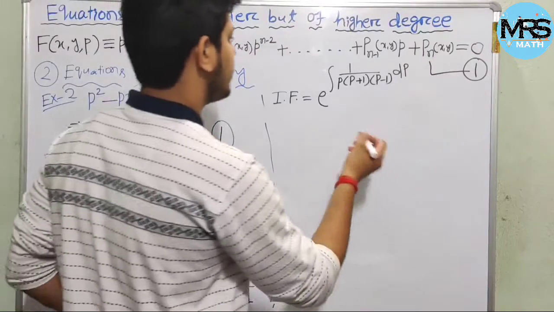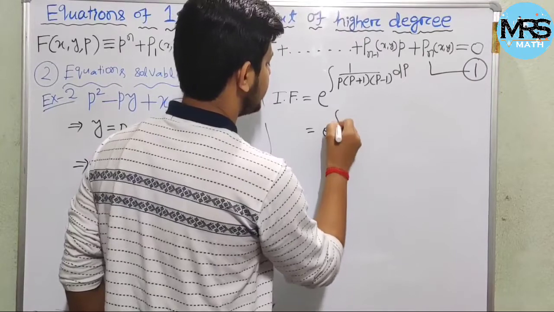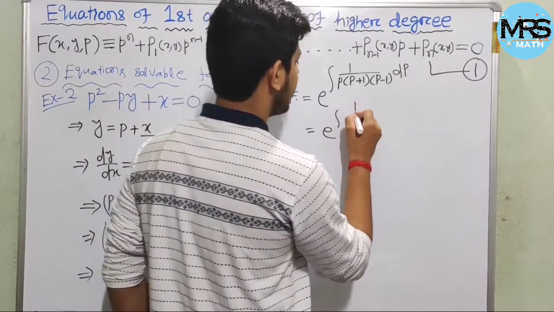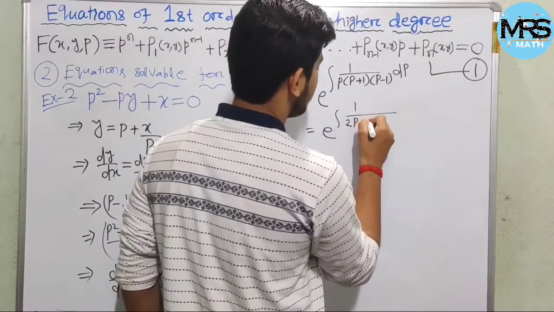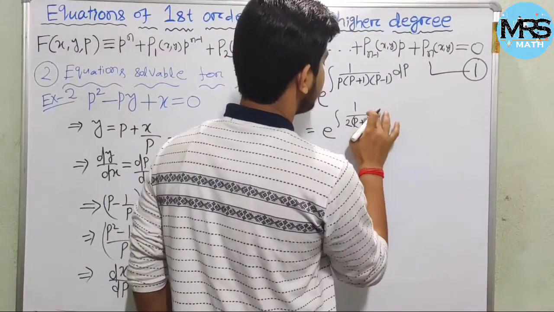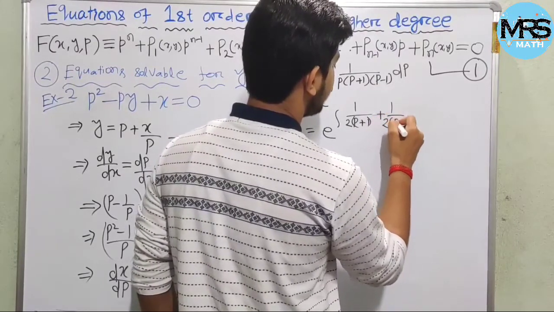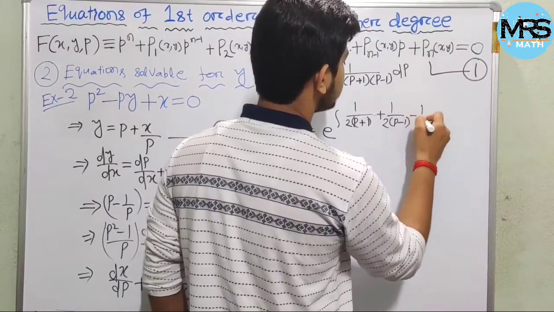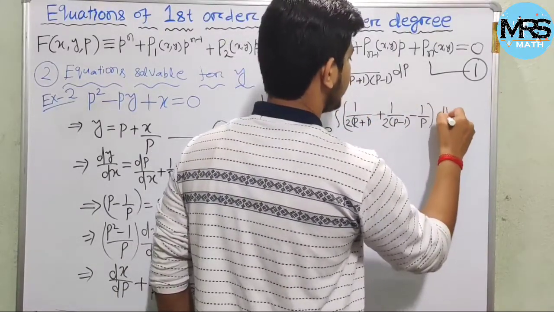While doing the integration, we can do this as a partial fraction: 1 over 2 into (p plus 1), plus 1 over 2 into (p minus 1), minus 1 by p, into dp.